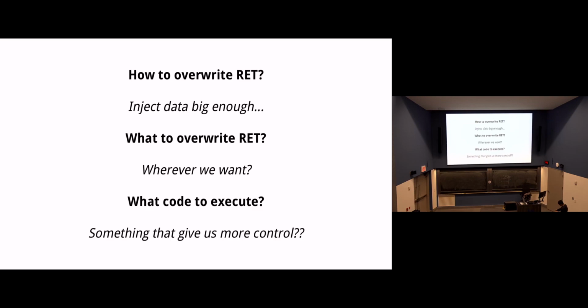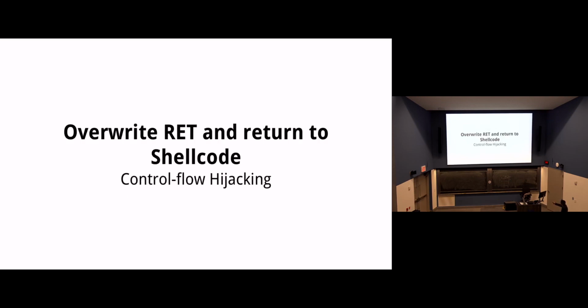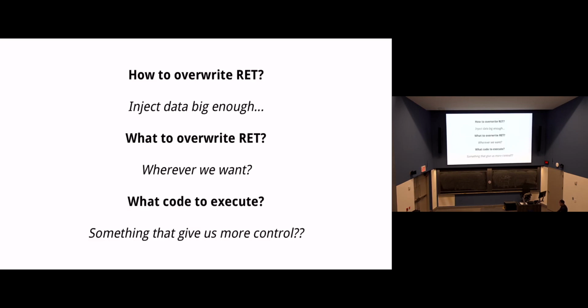So there are several questions we need to answer before we look at how we can inject and return to shellcode. The first one is, obviously, we need to overwrite a code pointer. And that code pointer, at some point, will be executed by the CPU. And that code pointer could be a return address on the stack. To overwrite that, we need to overwrite enough data.